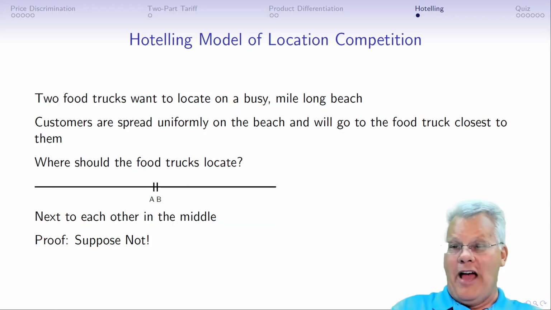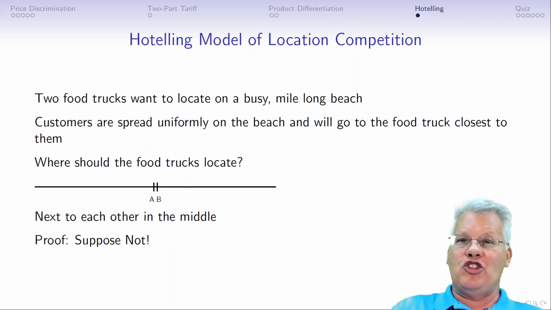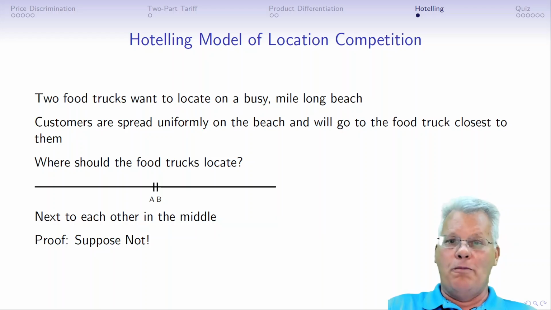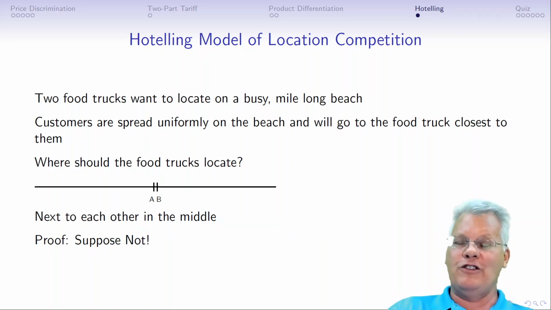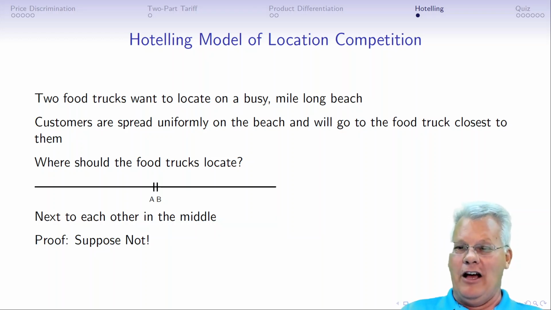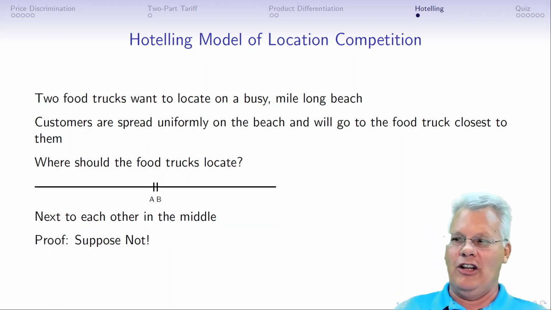So if we apply the Hotelling model, the equilibrium strategy for each political party is to nominate someone from the ideological middle, right? So everyone to the left of A votes for A, everyone to the right of B votes for B, and if you have deviation from that, then you have the same story as we talked about with the food trucks on Galveston Beach.